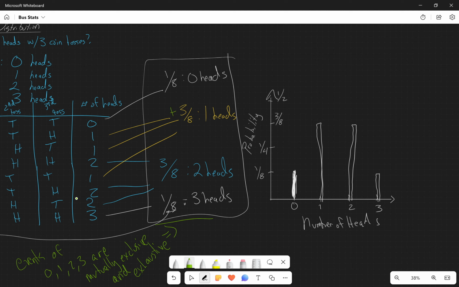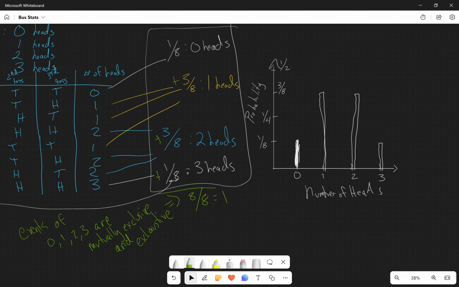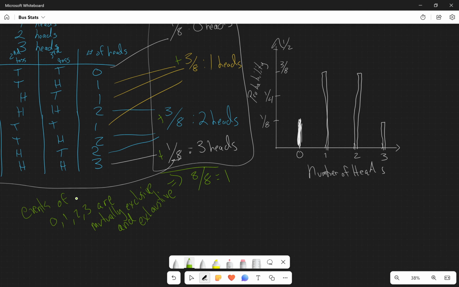That 1/8 plus 3/8 plus 3/8 plus 1/8 is going to equal 8/8, which is equal to 1. So the sum of all the probabilities, since they're mutually exclusive and exhaustive, has to equal 1.